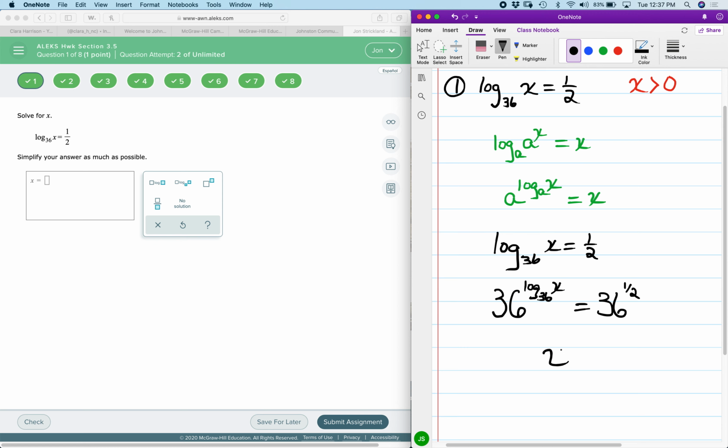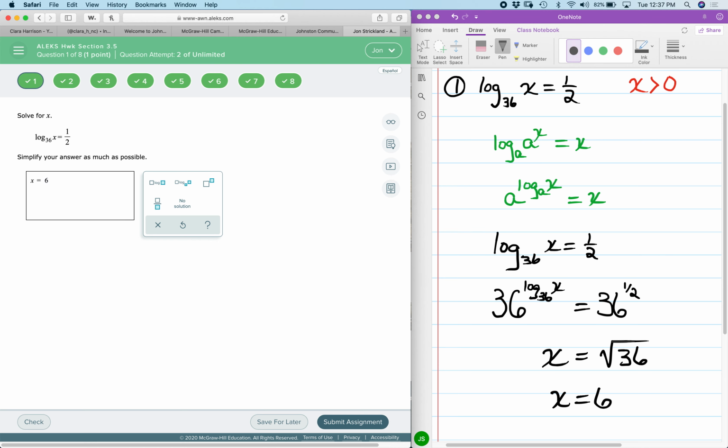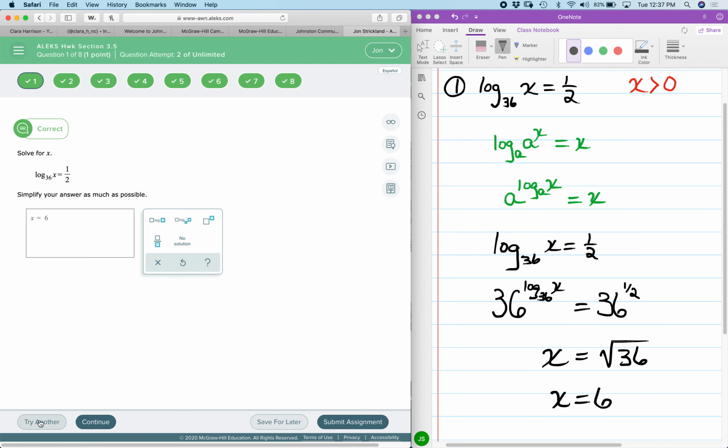That is going to go to x. Now for 36 to the 1/2, that is going to be the square root of 36. And for the outcome, we now have x is equal to 6, and upon checking, the result is correct.